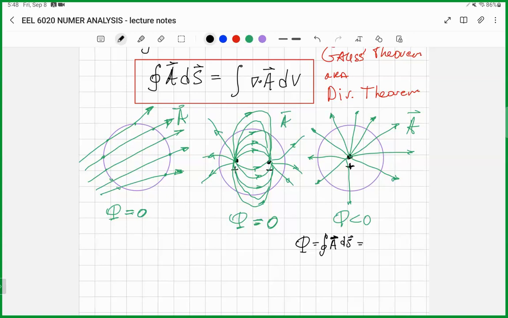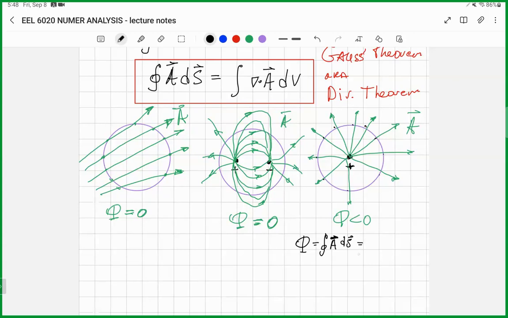The key point to notice is that, due to the spherical symmetry of the problem, the field amplitude at the surface of the sphere is equal at each point on the surface.